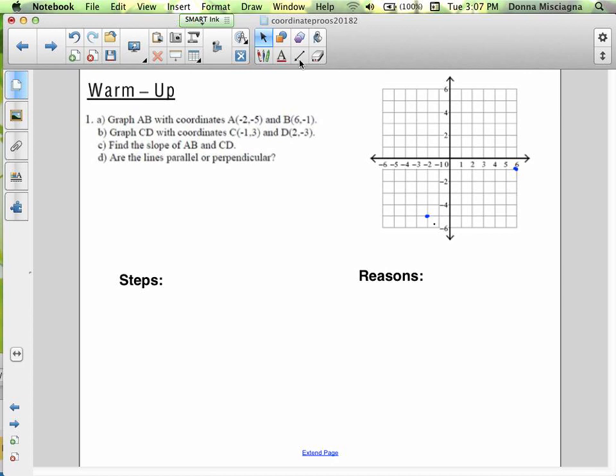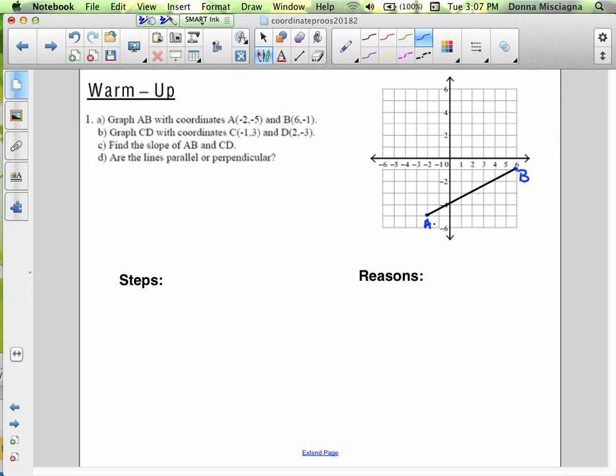I just need a line tool, because who knows what my line will look like on this board. Oops. Well, that was nice, but that's not what I intended. The line tool takes its own sweet time. How about now? Yes. There we go. And I'm just going to label the points A and B.